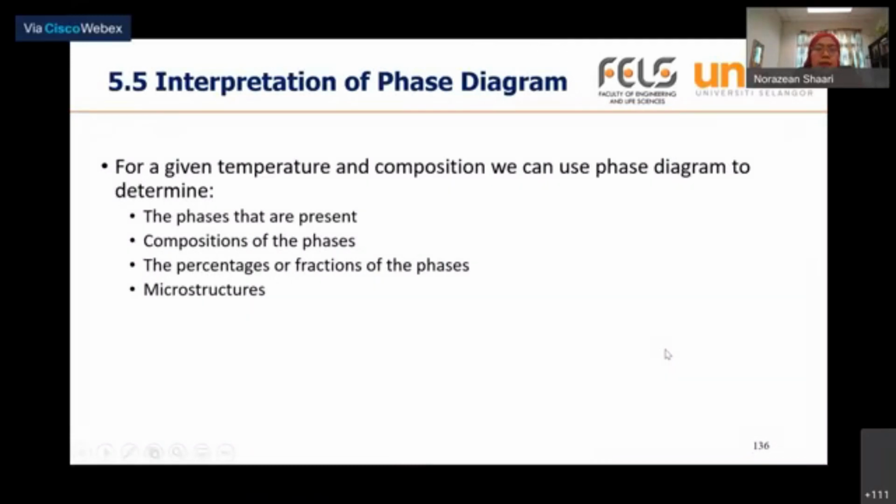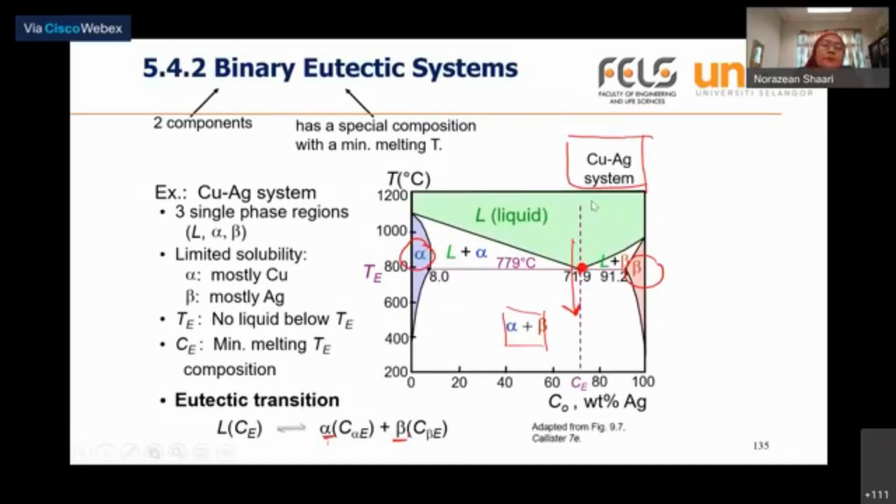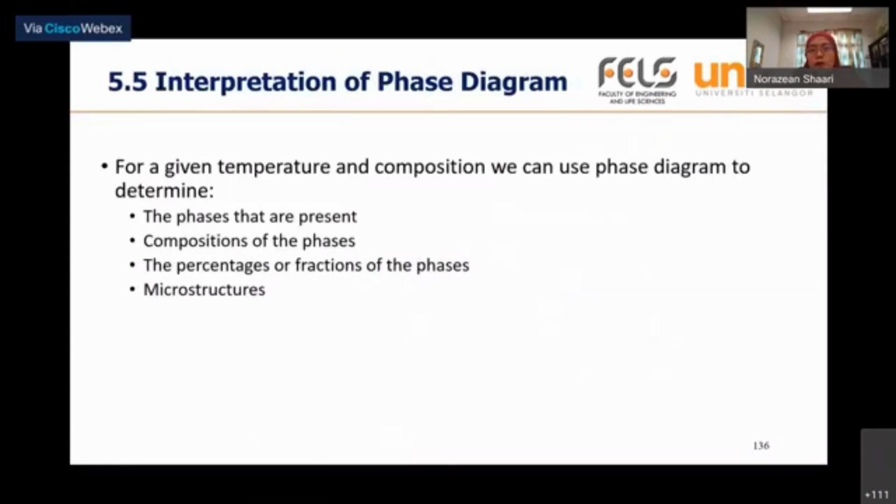So apa yang kita boleh interpret daripada phase diagram tadi? Kita ada binary isomorphous and also binary eutectic. So there are 4 main interpretations that kita boleh dapat daripada phase diagram ni.